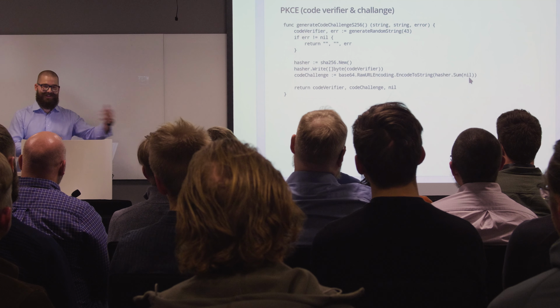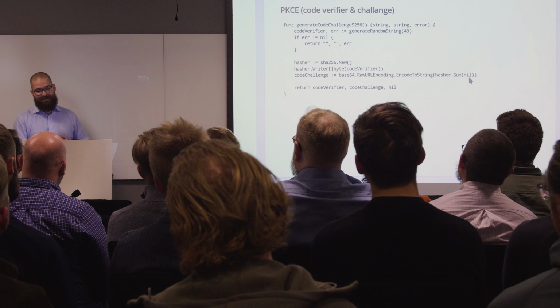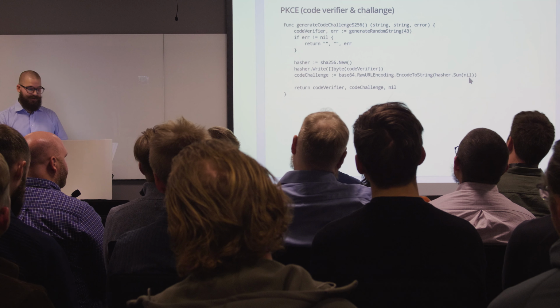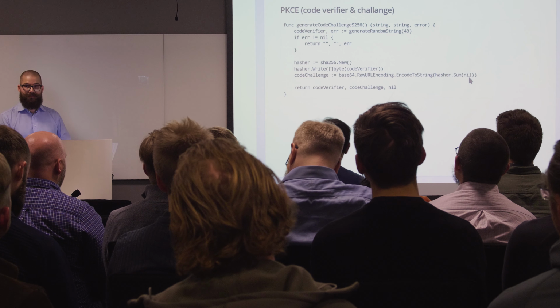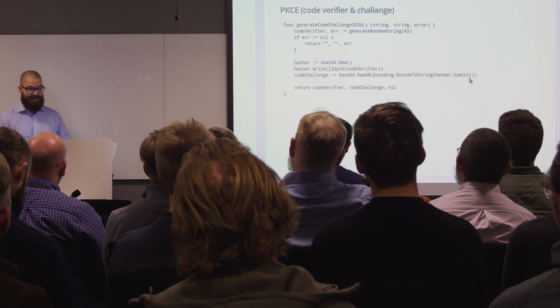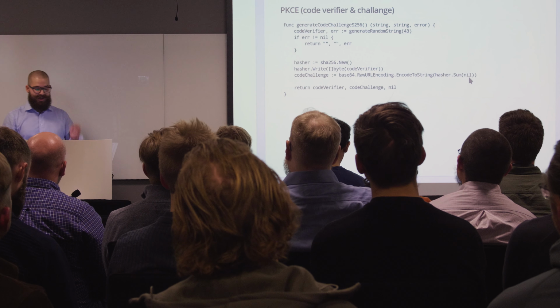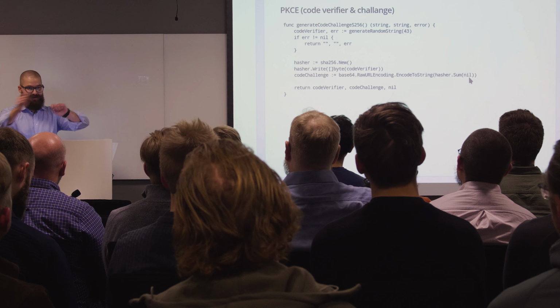You send the challenge to the authorization server, and then when you extract the tokens, you use the verifier. In that way, the authorization server is able to verify that it can encode the verifier into the challenge, and it's able to combine these two.